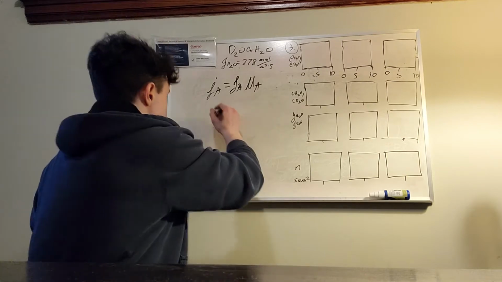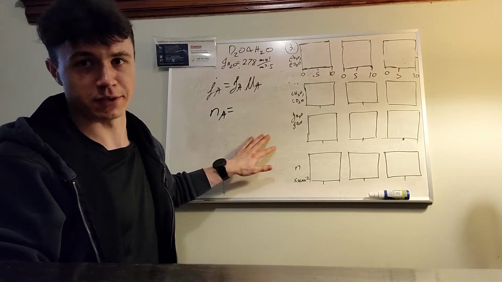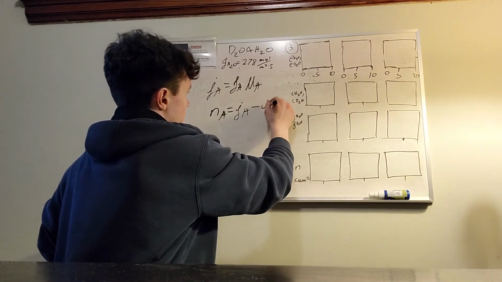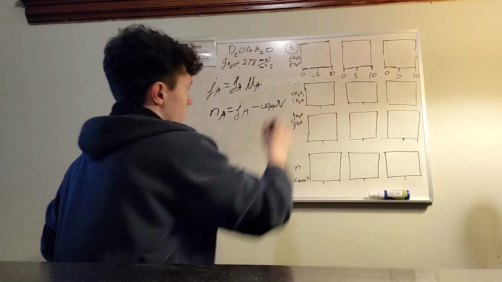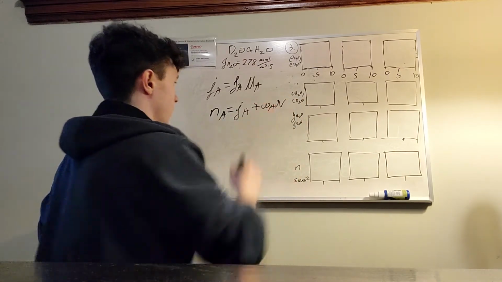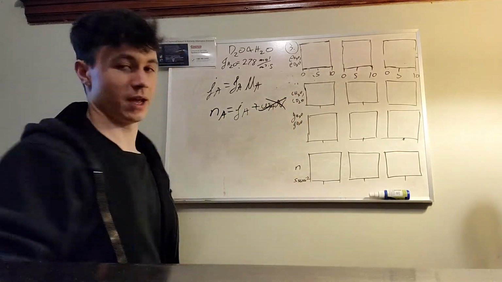So we know that the mass flux for a component equals the mass diffusion flux of the component minus this bulk contribution. But, as stated earlier, that mass fraction is 0, so you can just get rid of that there.